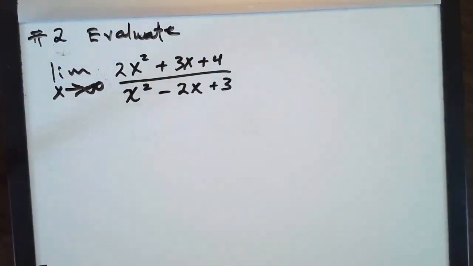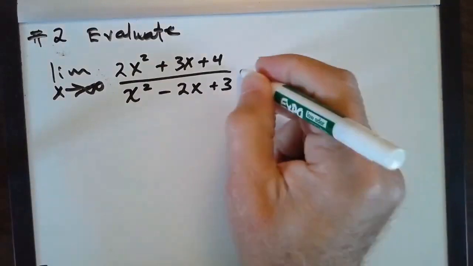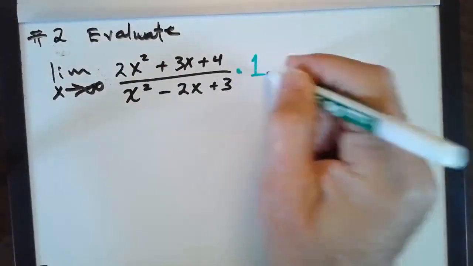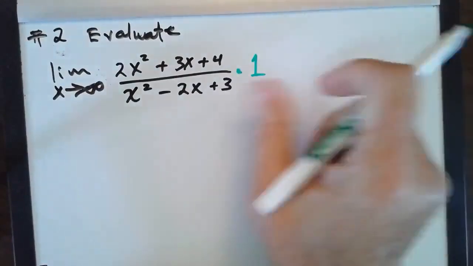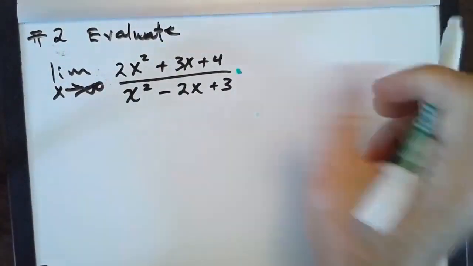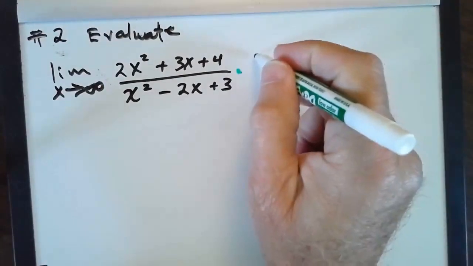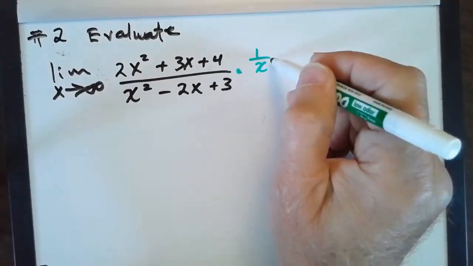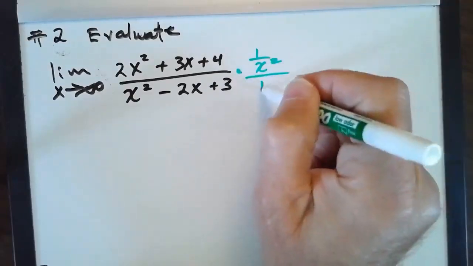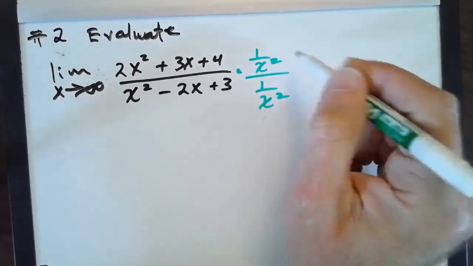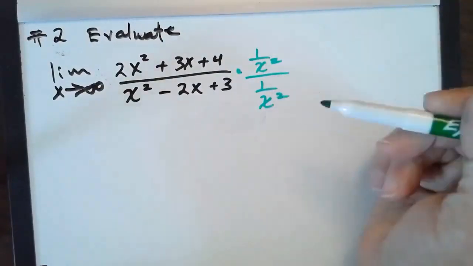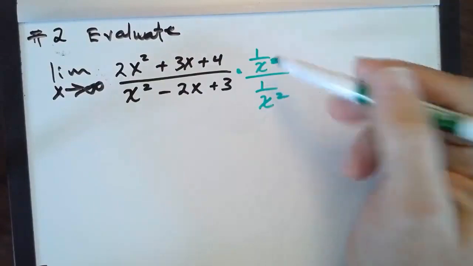If we multiply by 1 over x squared over 1 over x squared, that's the same term over itself, which is still 1 for every term except for 0 over 0.